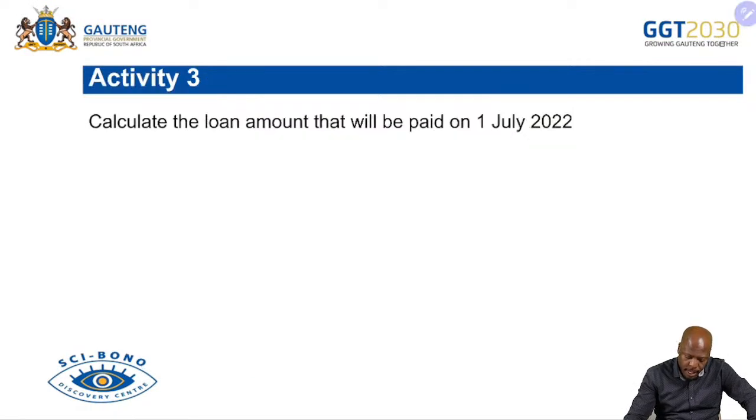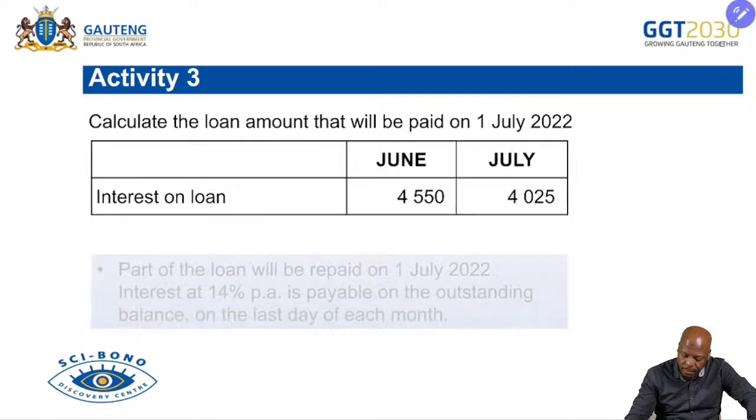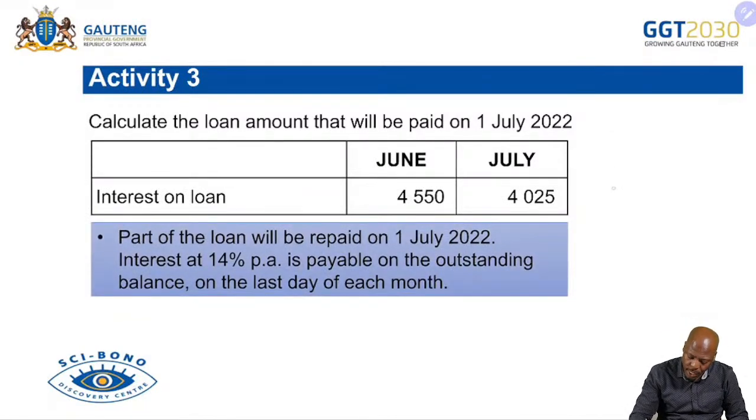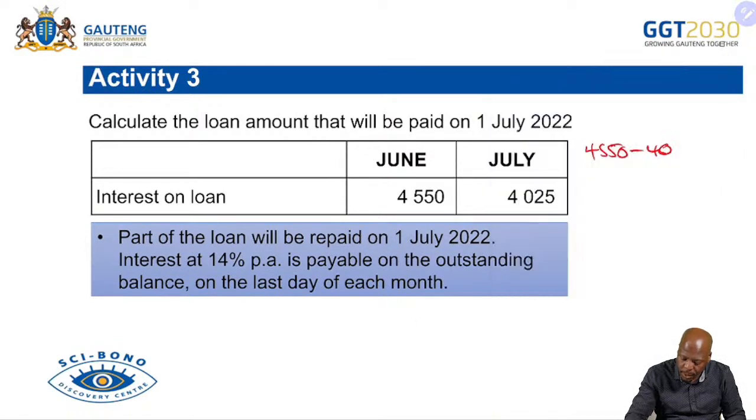And then calculate the loan amount. It says the interest on the loan is given. This one is already an easy thing for us now. We are simply going to get the difference between 4550 and 4025. And the difference is going to give you how much?